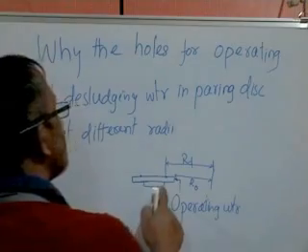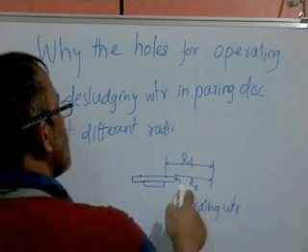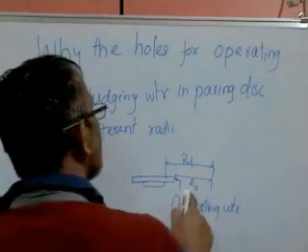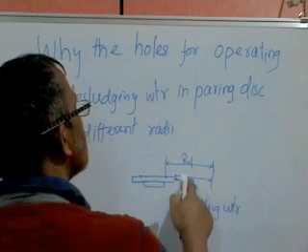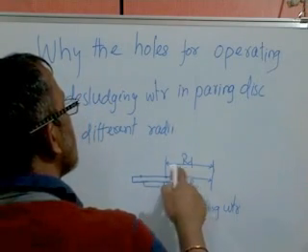So we have seen that the operating water radius is less than the desludging water radius.